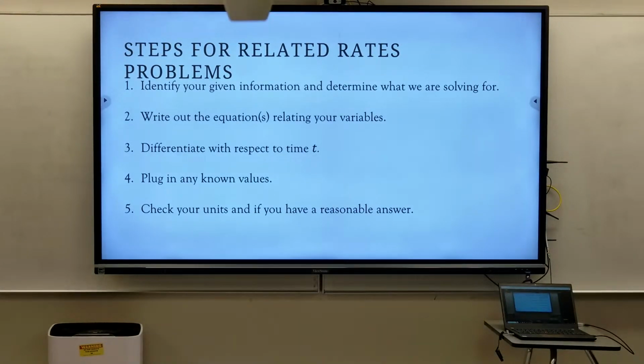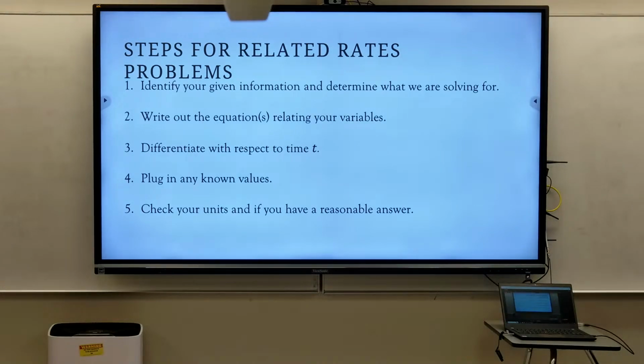Step 2, I spoke a little bit ahead of myself, writing out the equations that relate my variables. So that's why I asked, what variables are we working with? Well, radius and area. We know an equation that relates area and radius. And typically, after I get that equation that relates my 2 or 3 variables, depending on what I'm working with, we went ahead and took the derivative with respect to time.